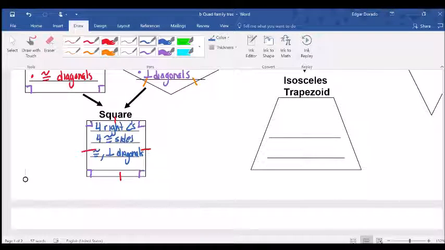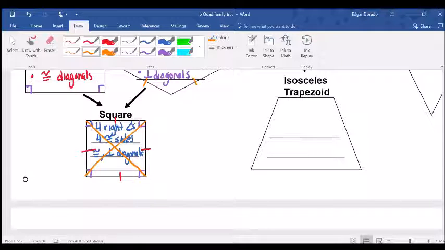So what did we mean by that last one? We have congruent and perpendicular diagonals. If I were to draw this diagonal here and this diagonal there, those two would be congruent, meaning that if the length of my first diagonal was 20, then the length of my second diagonal has to also be 20.